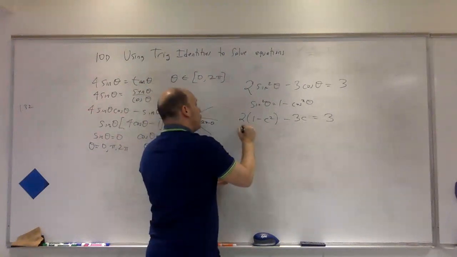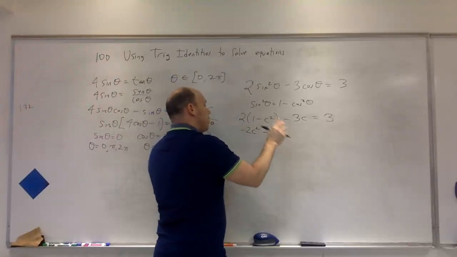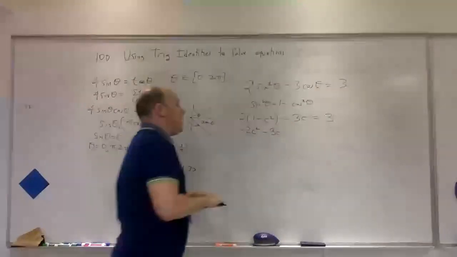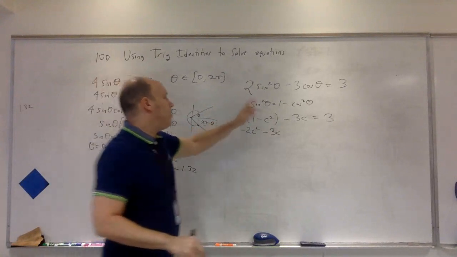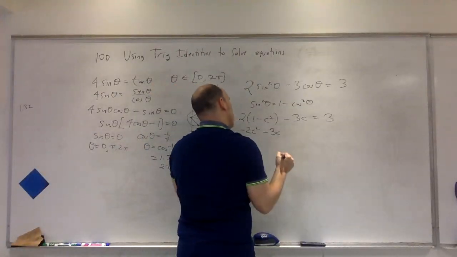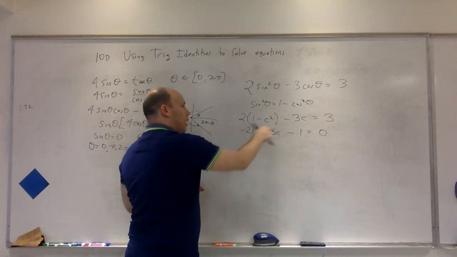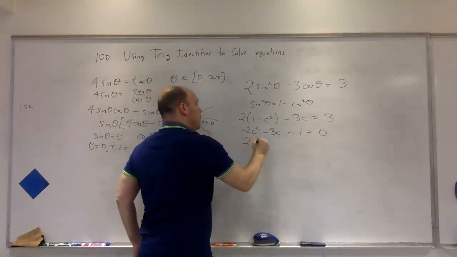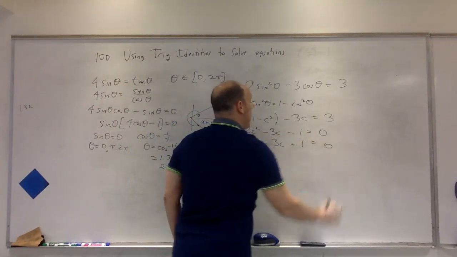So I have negative 2c squared minus 3c, minus 1 equals 0. Let's move that: 2c squared plus 3c plus 1 equals 0.